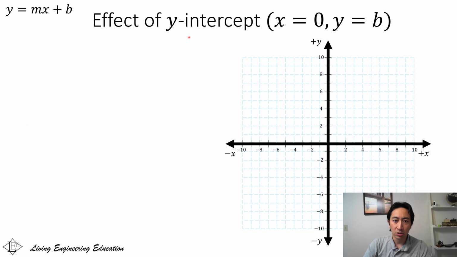One interesting way to look at how the y-intercept affects the graph is to pick 2 lines that have the same slope and change the y-intercept. So as an example, let's say that the slope is equal to 1. So then my equation y equals mx plus b simplifies to y equals x plus b.